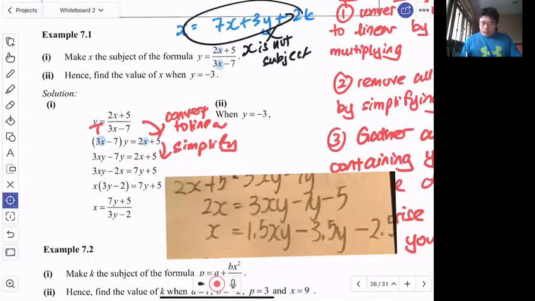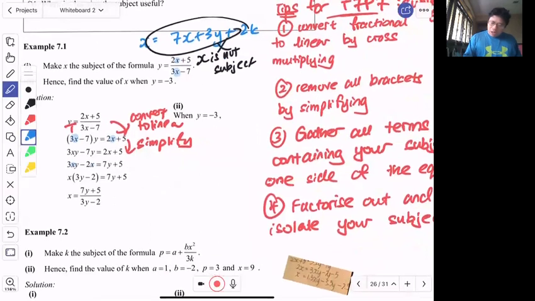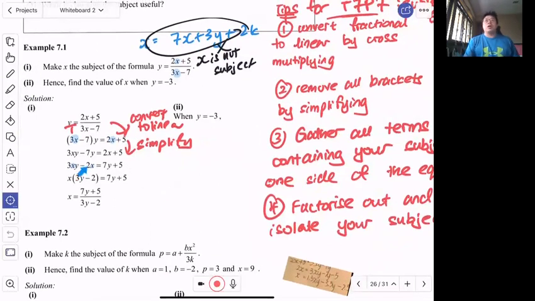You have to make sure that x is the only variable on the left side. All the x must go to the left. Here you can see that after I bring all the x terms to the left, my x is here. Then step number 3, I factorize out and I isolate x.